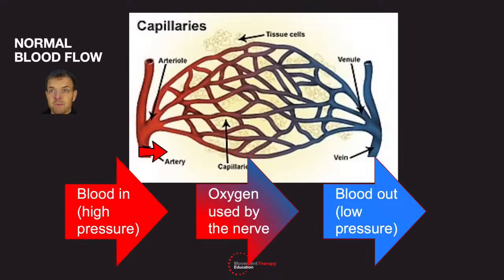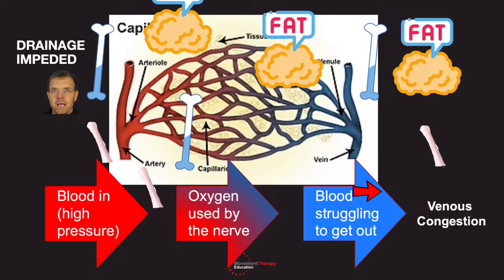So basically, what's happening is the blood supply to the nerve. So blood is under high pressure, oxygen is used by the nerve, and then obviously it's low pressure on the way out. And then if we've got all of these things impeding the drainage, so we've got bits of ligament, bits of bone, bits of fat, then it's harder for the nerve to get the blood it needs.